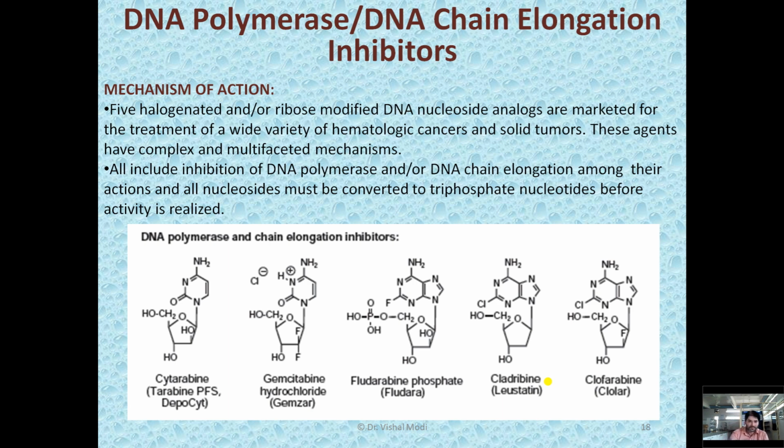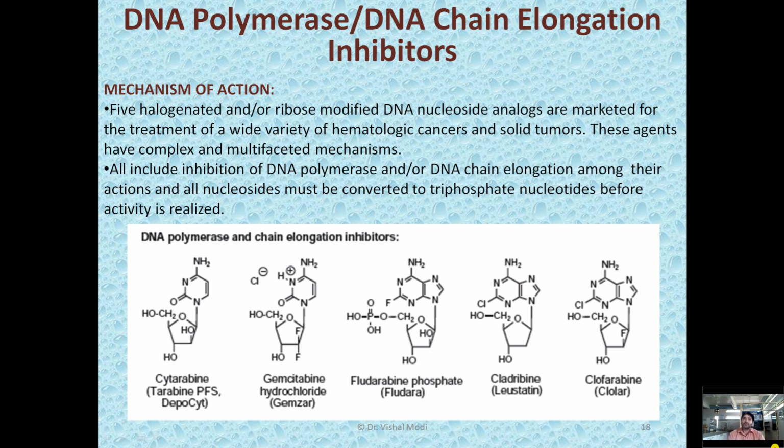So, cytarabine, gemcitabine, fludarabine, cladribine and clofarabine, all these 5 molecules have a halogen or a ribose modification. So, they look similar to the normal nucleotides of the DNA, and they are converted into triphosphate form and incorporated into the DNA, and when they are incorporated into DNA they inhibit the DNA polymerase enzyme.